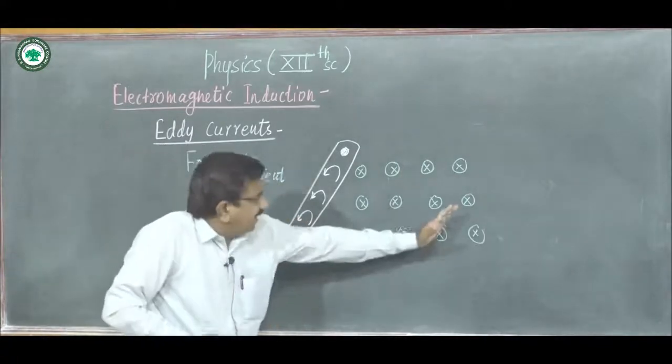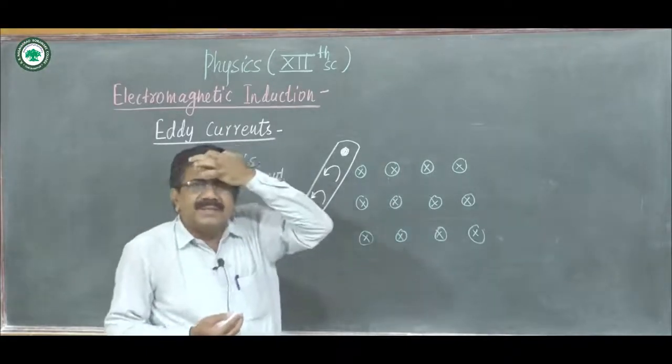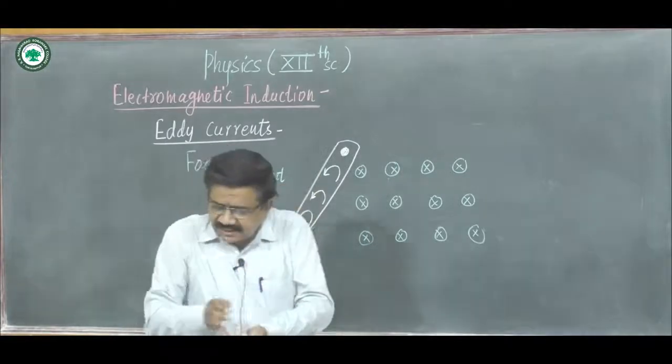If it oscillates like a pendulum in this magnetic field, the magnetic flux associated with this conductor changes.